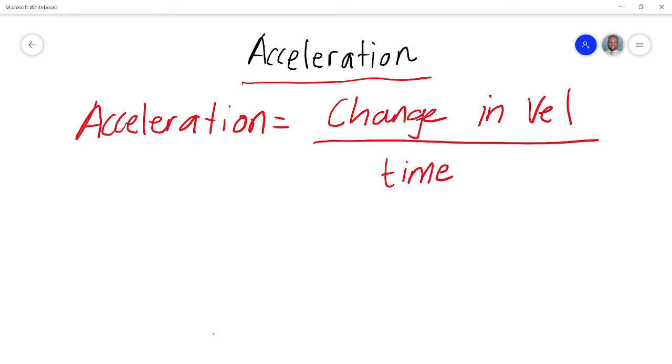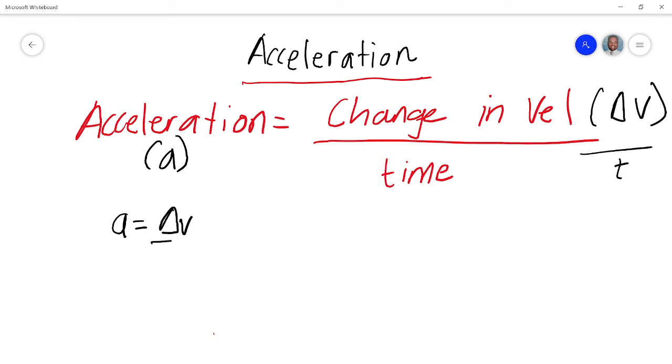Now, let's get into the technicalities. Let's put acceleration as small a, and change in velocity as delta v. The word delta means change. So delta v means change in velocity, and a is equal to delta v over time.